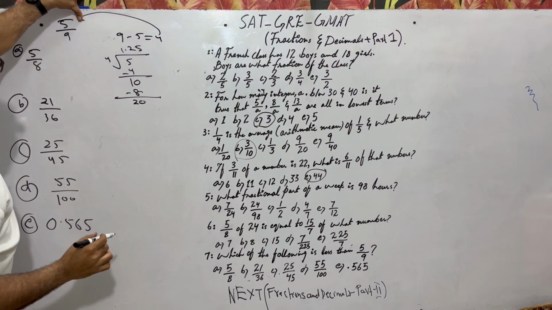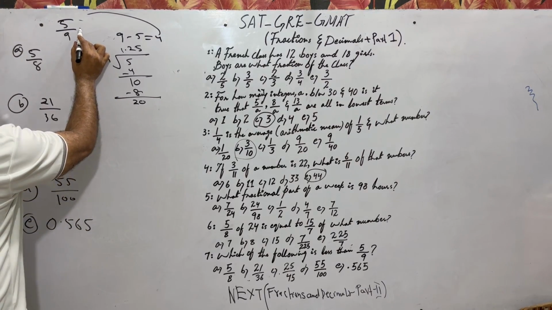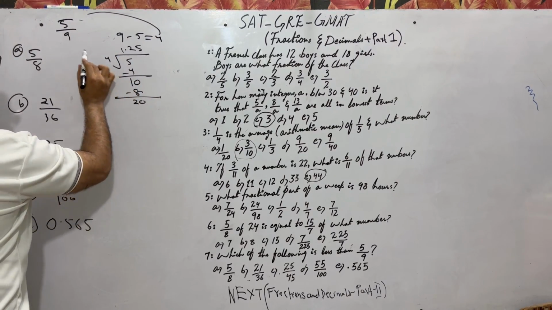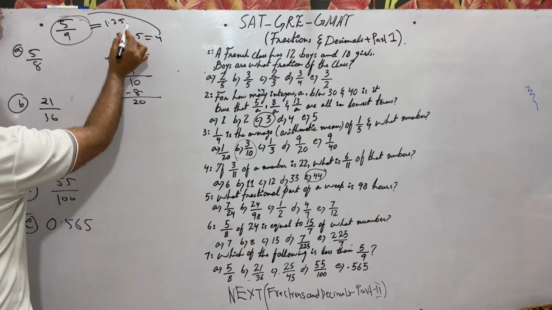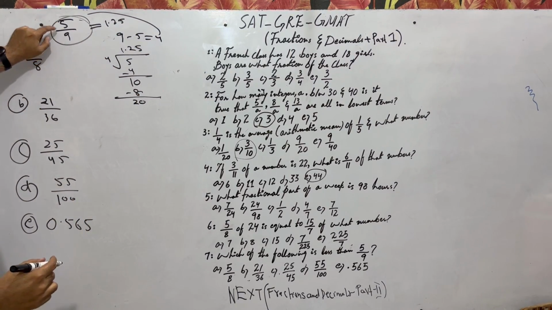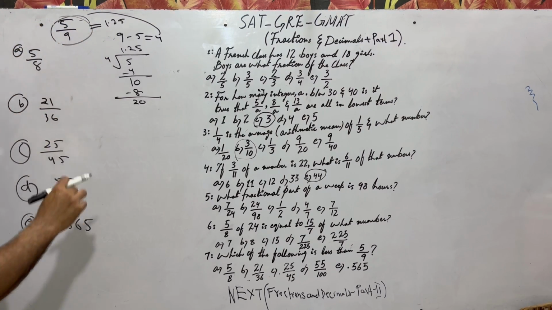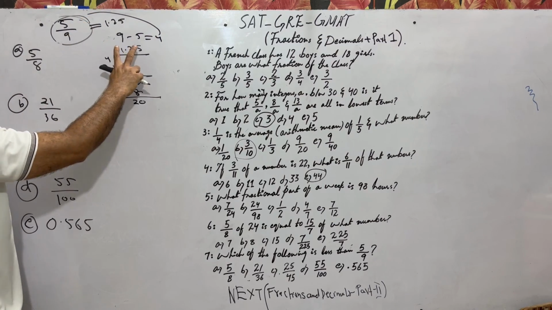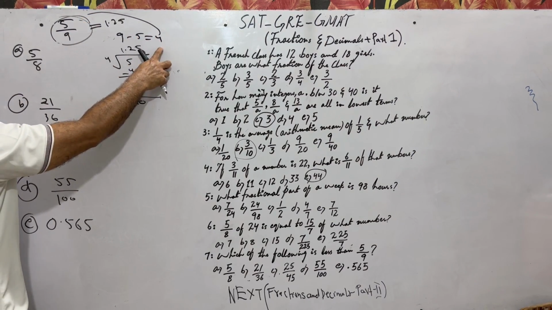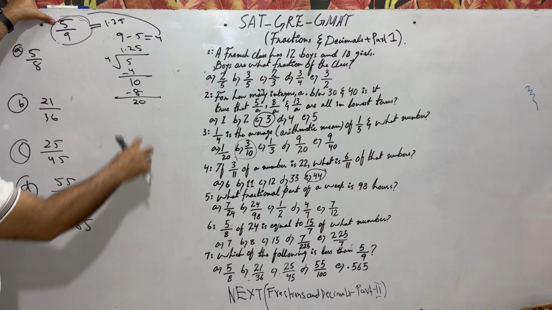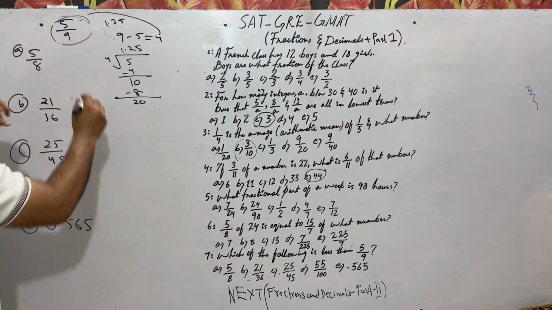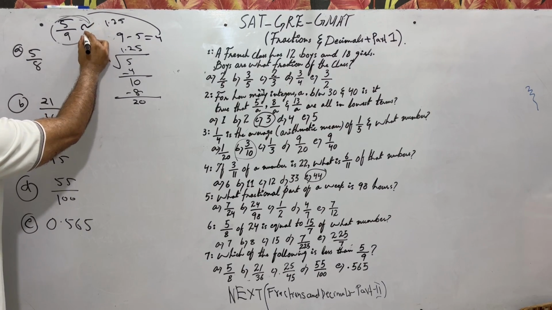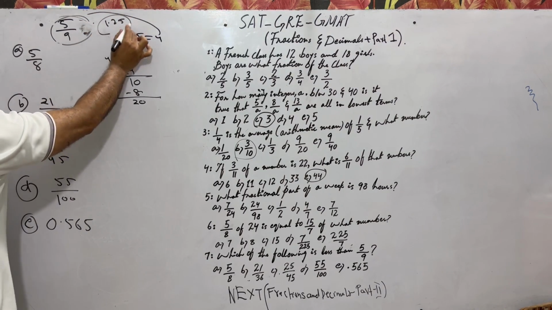So, according to my hack, the value for 5 over 9 is 1.25.